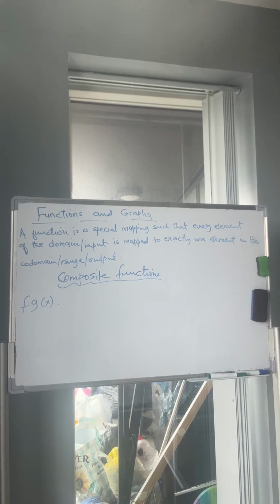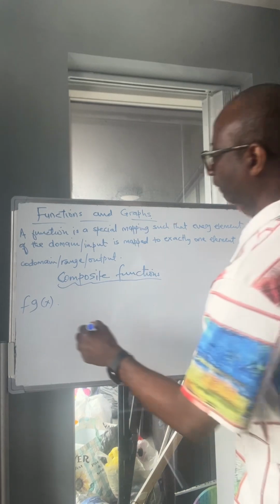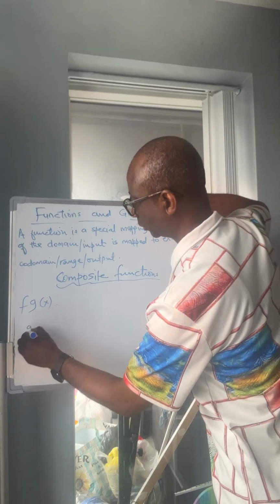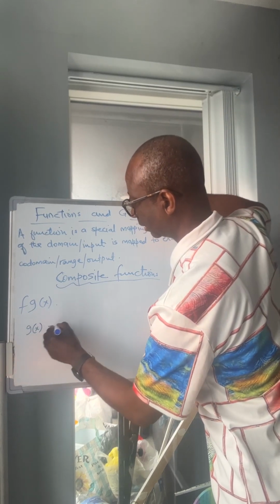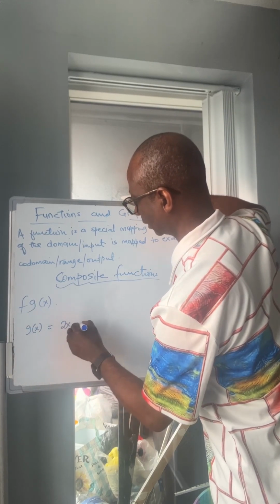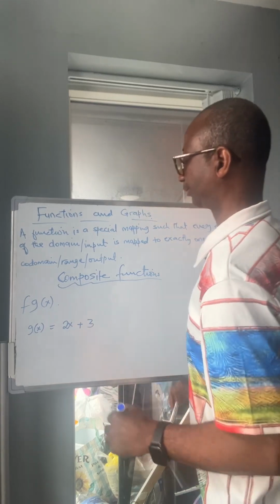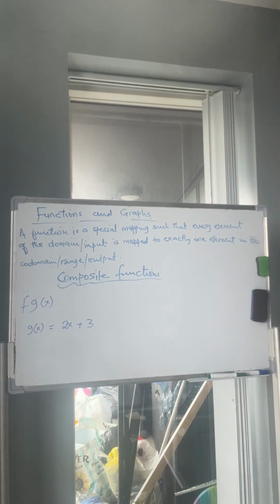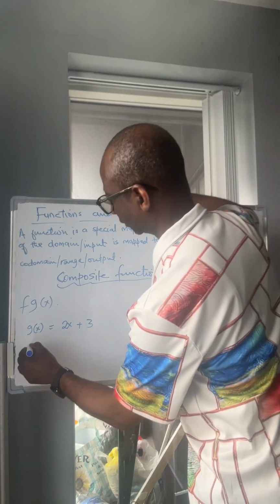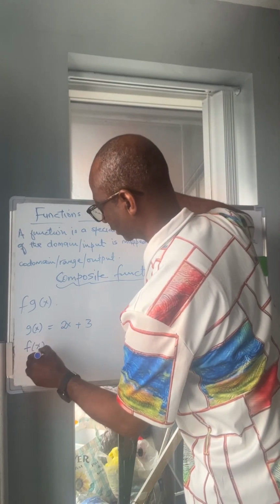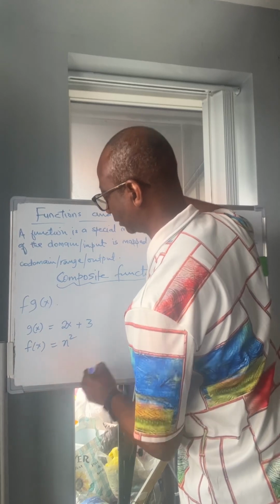If you have g of x equals 2x plus 3, and then you have f of x equals x squared.